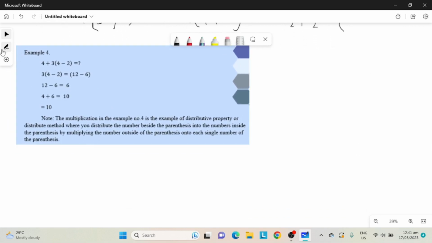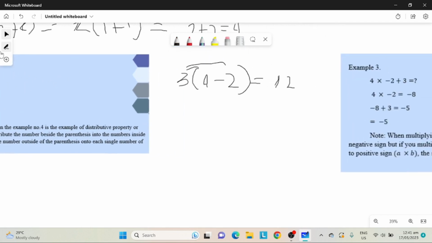Here in example number 4, we have 4 plus 3 times 4 minus 2. Here we have the distributive property, which is we're going to distribute the 3 into the inside of 4, then negative 2. So distribute them. 3 times 4 is equal to 12. Then 3 times negative 2 is equal to negative 6.